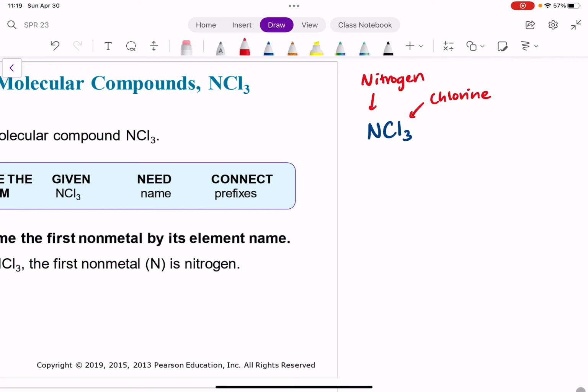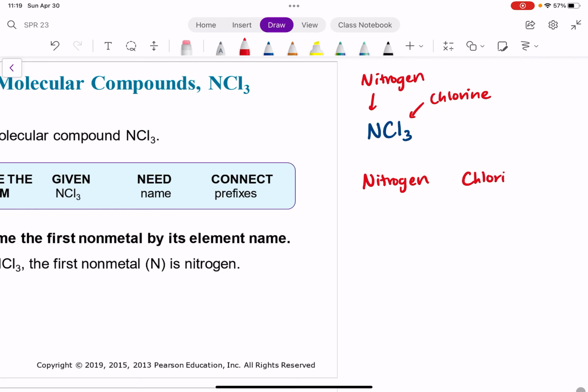Yeah, these are both nonmetals. Nitrogen's a nonmetal on the right side of the periodic table. So is chlorine, okay? Both gases at room temperature. So they're nonmetals bonding together, and we know how many of each we have, but we need to say that when we name it. What do we do with the first nonmetal? We just name it nitrogen. And then what about our second one?